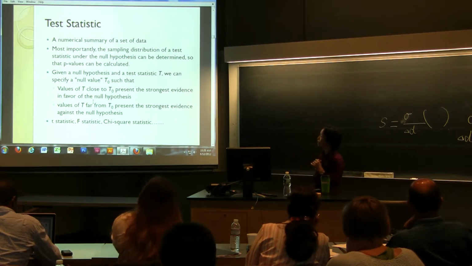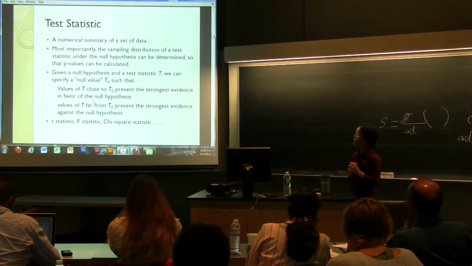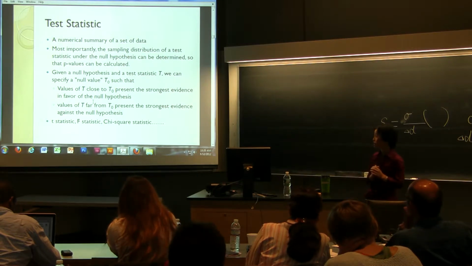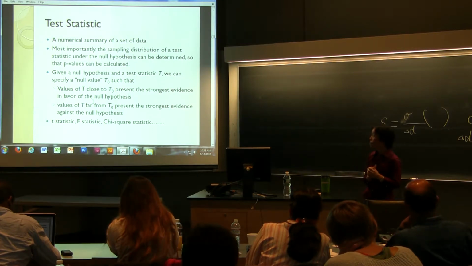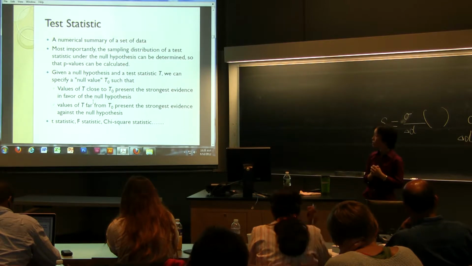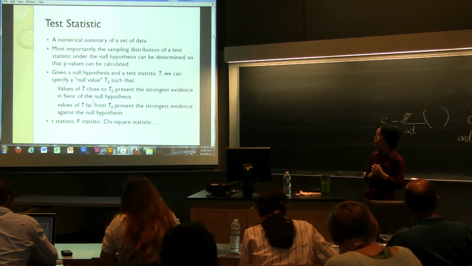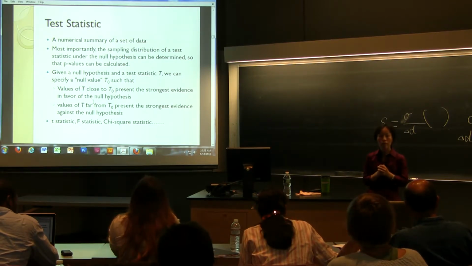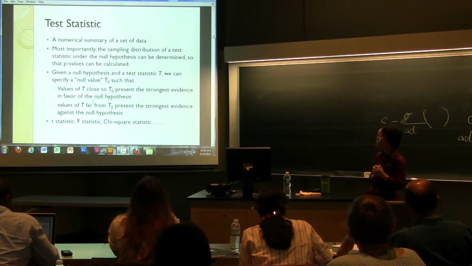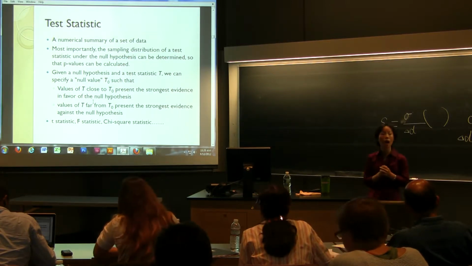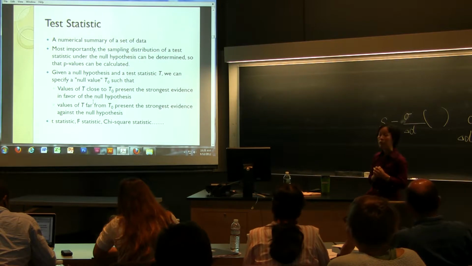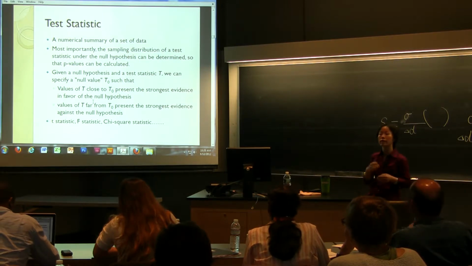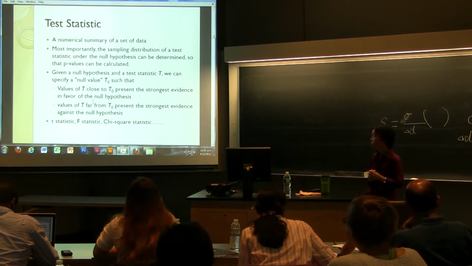Now it comes to test statistics. A test statistic is a numerical summary of a set of data. When we choose a test statistic, the most important thing is to know the sampling distribution of the test statistic under the null hypothesis, so that we can get the p-value.